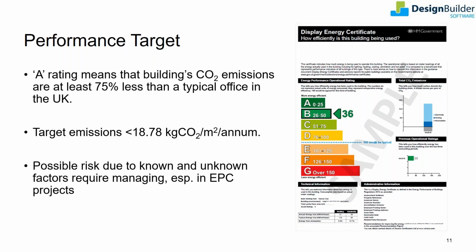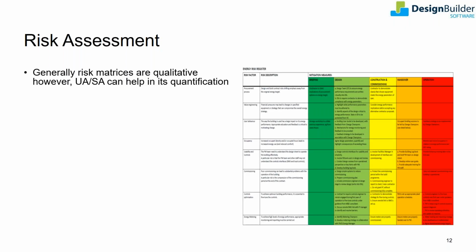In these performance contracting projects, the contractual obligations for delivering certain performance targets require detailed risk assessment of factors that can lead to underperformance. Subsequently, mitigation and reduction measures of risk need to be identified and implemented. Generally, risk matrices are used in these type of projects.